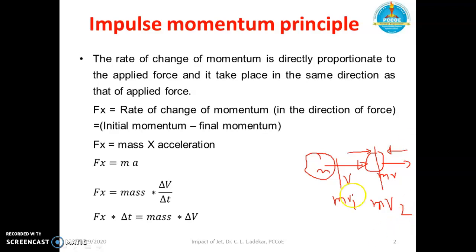So mathematically, Fx, the force exerted, which is responsible for the momentum change, you can calculate as the rate of change of momentum. And the rate of change of momentum can be calculated from the difference in the momentum. If initial momentum is something and final momentum is something, the difference of initial and final momentum will give you the change of the momentum.